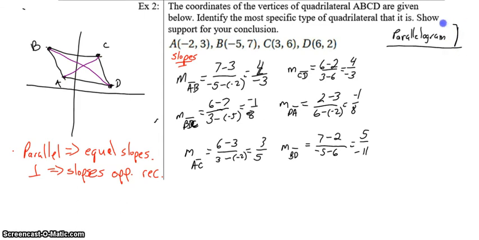Now, if you really wanted to, you could use the distance formula to find the length. That would be the change in x, I'm just going to use a symbol we've seen before, delta meaning change, squared, plus the change in the y's squared.